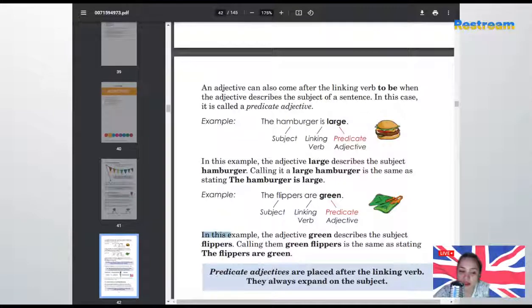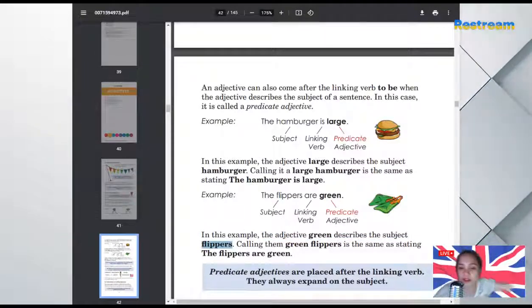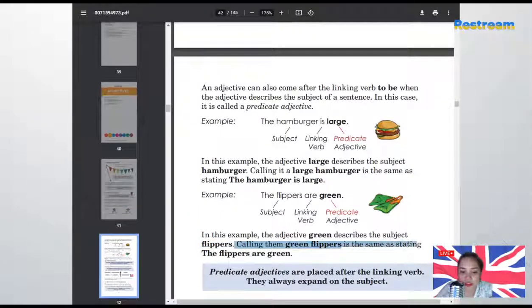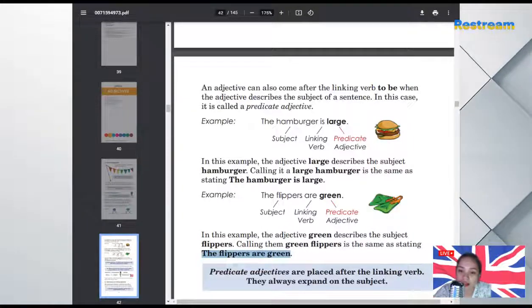In this example, the adjective green describes the subject flippers, because flippers is a noun. Calling them green flippers is the same as stating the flippers are green. Green is still an adjective while flippers is still a noun. Did you get it?